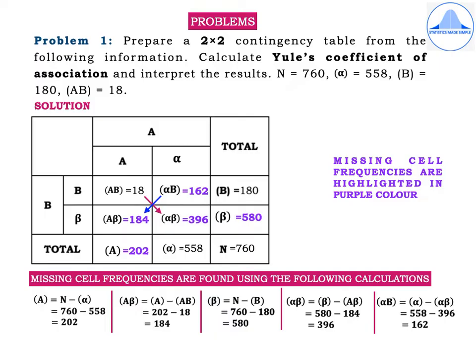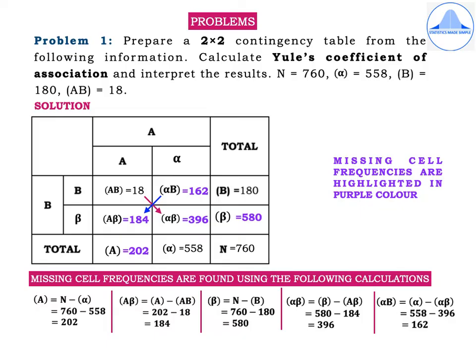The missing cell frequencies are found using the following calculations as shown below the table. So A is found using the formula capital N minus alpha, which is 760 minus 558, which is equal to 202. Similarly, the cell frequency A beta is equal to A minus AB, which is 202 minus 18, which is equal to 184.